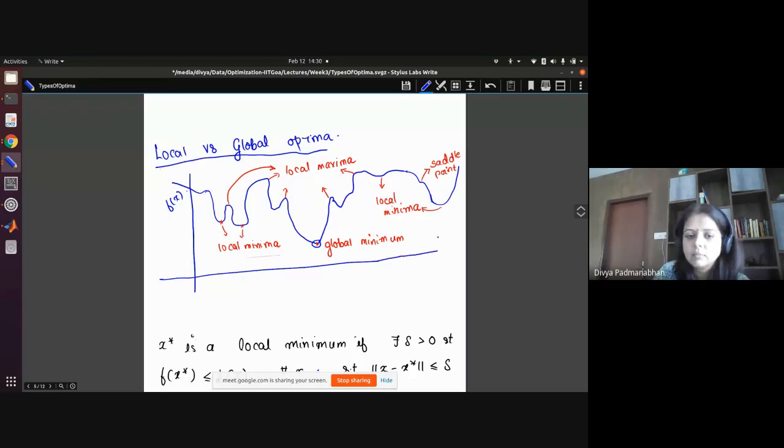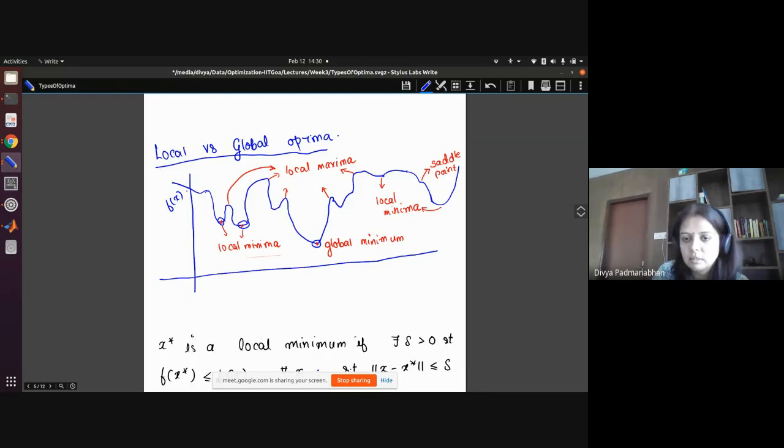Now, what about these points here? There are some other points which are okay. They're not as good as the global minimum, but you can perhaps live with these, because they're better than other points in a region around them. So this is also maybe something desirable. These points are called local minima. You have two here, then you have one here.